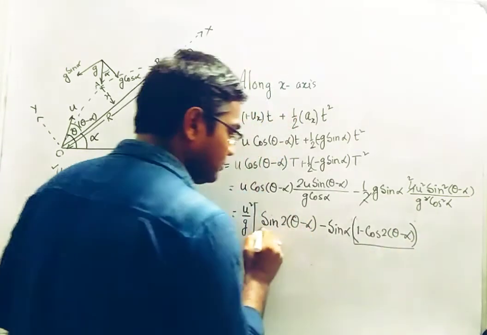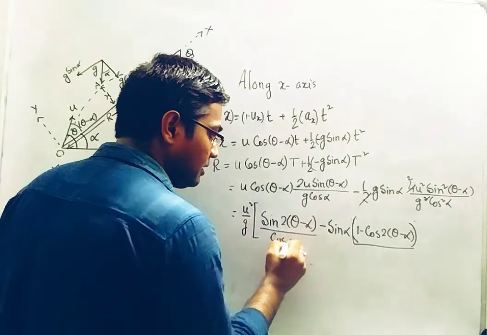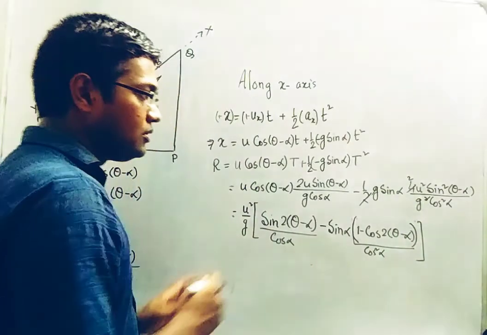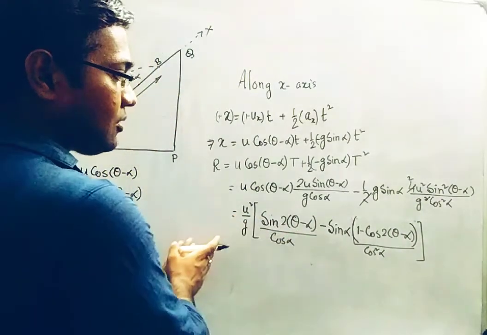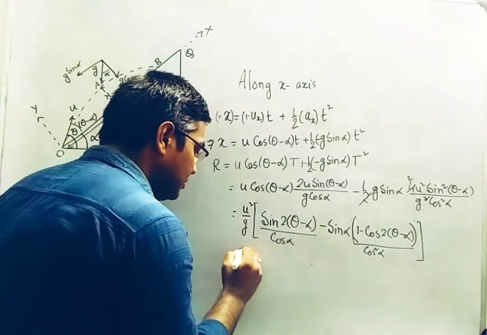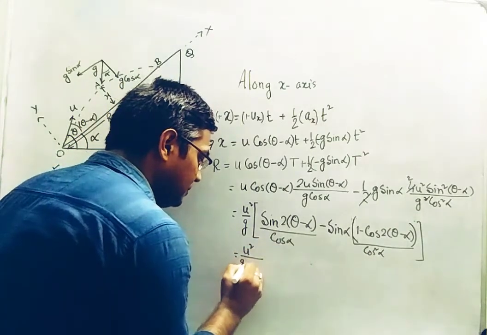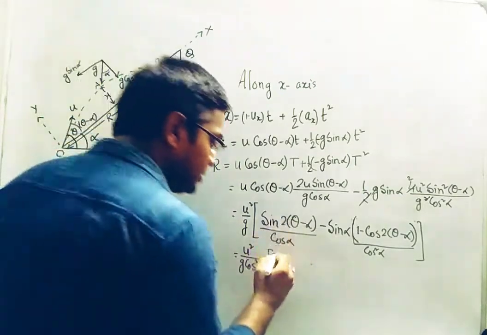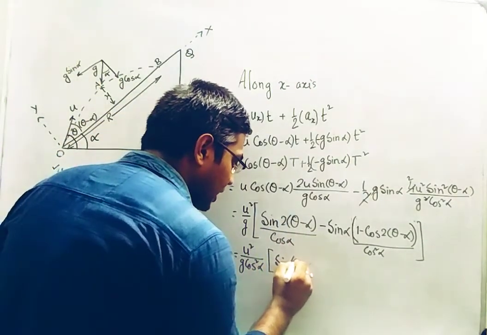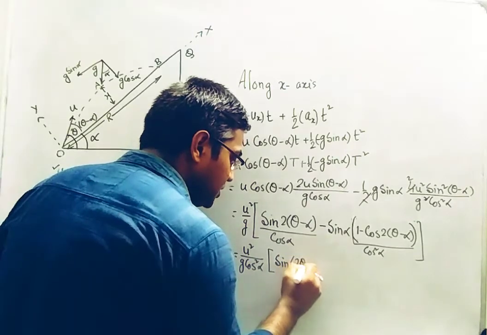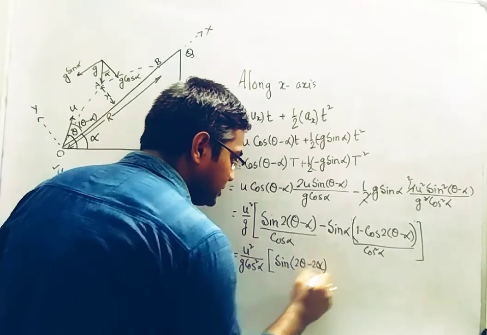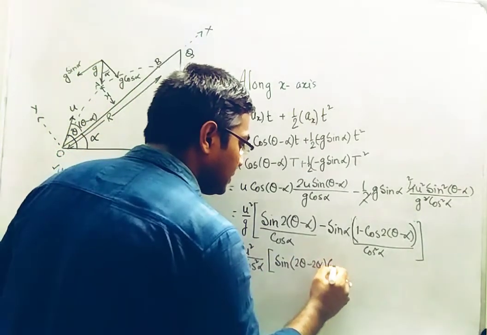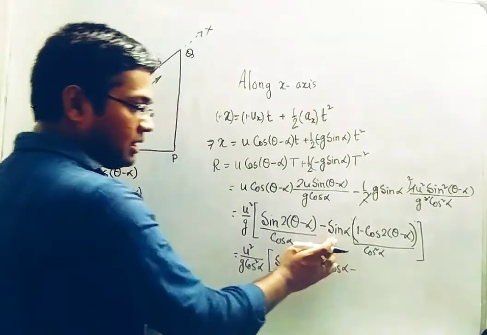Divided by, in both of the cases, here it is cos alpha and here it is cos square alpha. So what will it be if I take cos square alpha outside? It will be u squared divided by g cos square alpha. Obviously the first term will be sine 2 theta minus 2 alpha, multiplying the cos alpha inside.